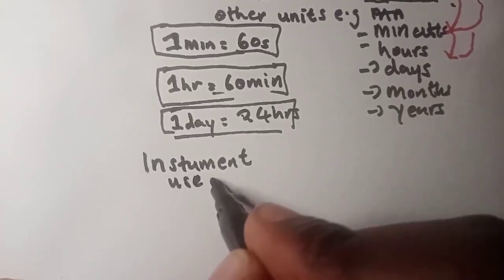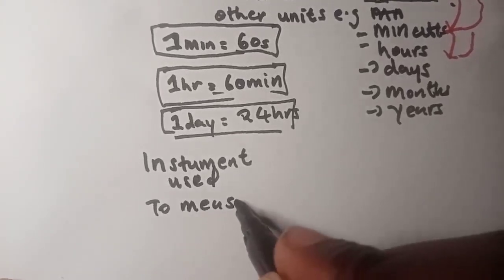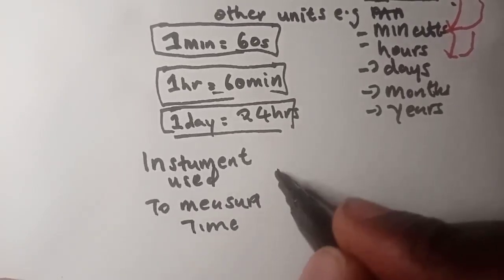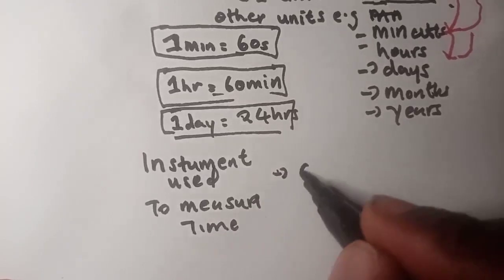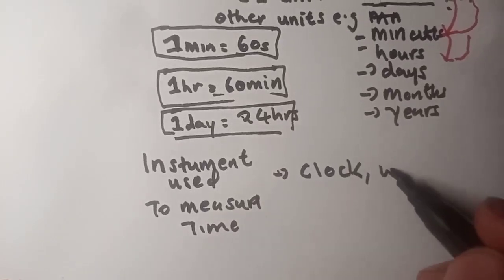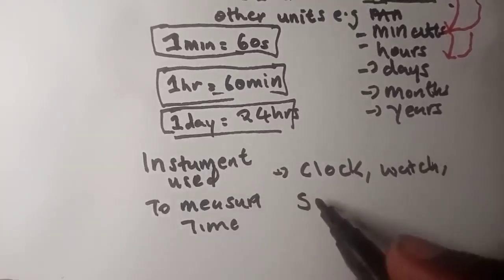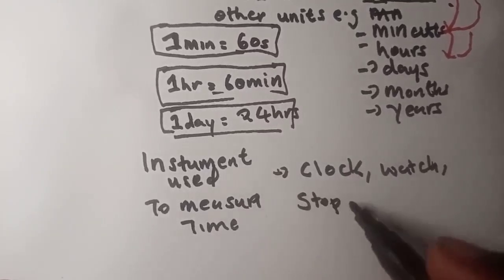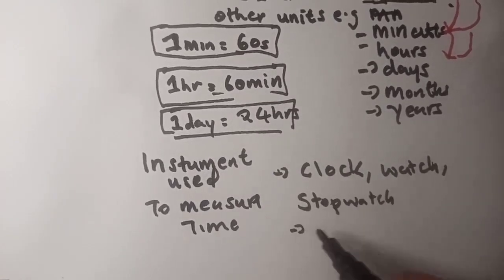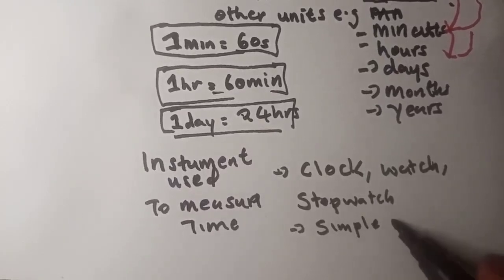The instruments used to measure time: we have a clock, a watch, mostly these are wristwatches, a stopwatch, and something interesting that we call a simple pendulum.